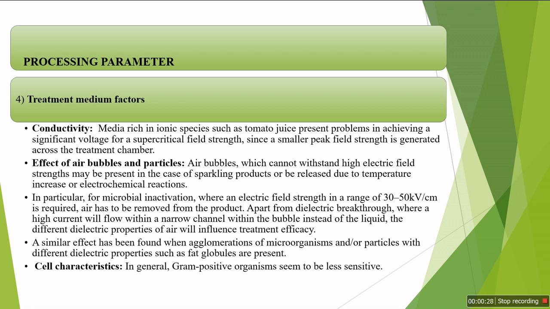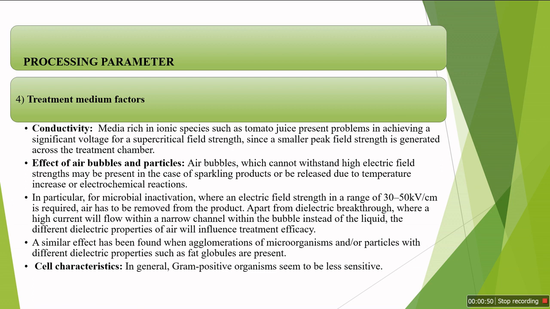Air bubbles, which cannot withstand high electric field strengths, may be present in the case of sparkling products or be released due to temperature increase or electrochemical reactions. In particular, for microbial inactivation, where an electric field strength in a range of 30 to 50 kilovolt per centimeter is required, air has to be removed from the product.